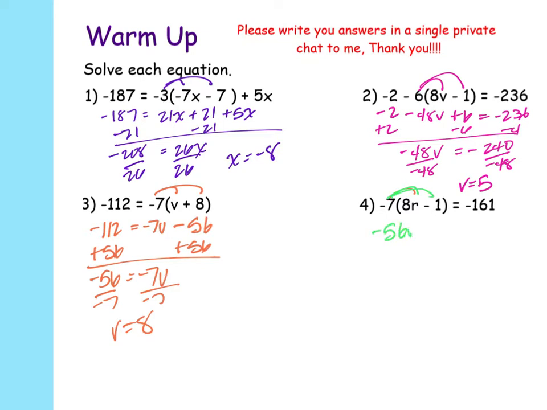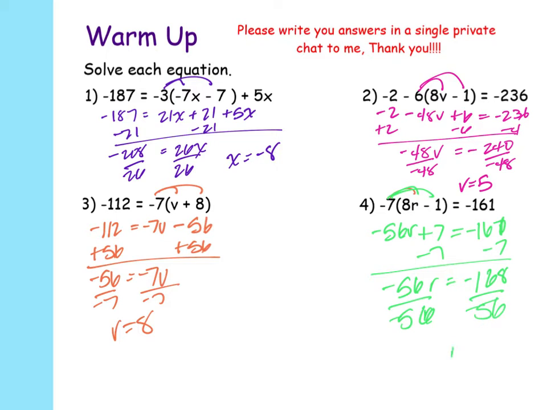Negative 56r plus 7, 161 minus 7. Negative 56r equals negative 168. So, divide by negative 56. So r equals 3.